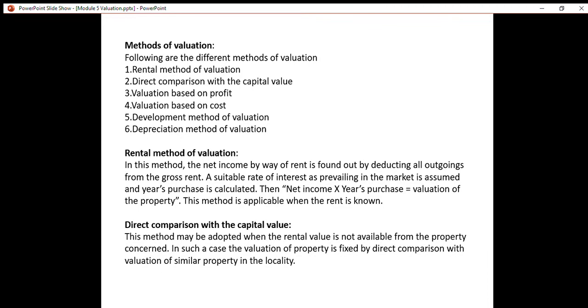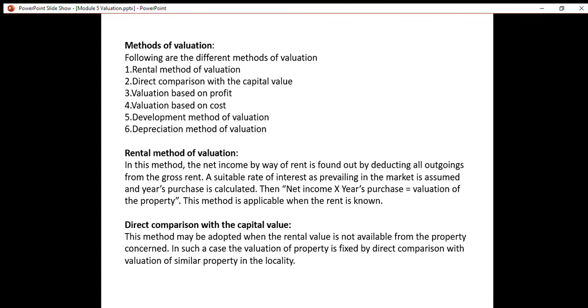A person has earnings from various sources like business, agriculture, tuition, deposits, mutual fund, etc. Also, the person has many expenses in the form of tax, repair, rent, bill payments, sinking fund, etc. Finally, net income is calculated as gross income minus outgoings, and valuation of property is equal to net income into years purchase. You will understand this better when we take up the problems.